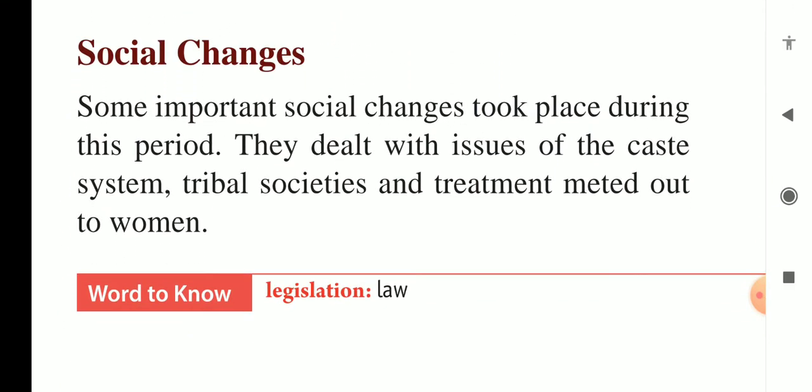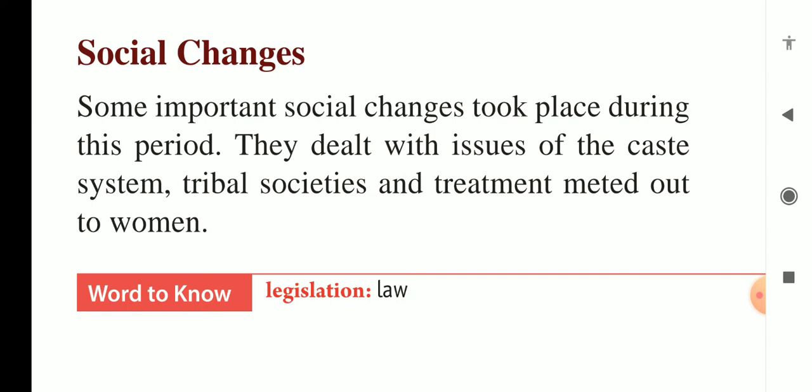Now next, social changes in society. Some important social changes took place during this period, and they were very important. They dealt with issues of the caste system, tribal societies, and the treatment meted out to women.